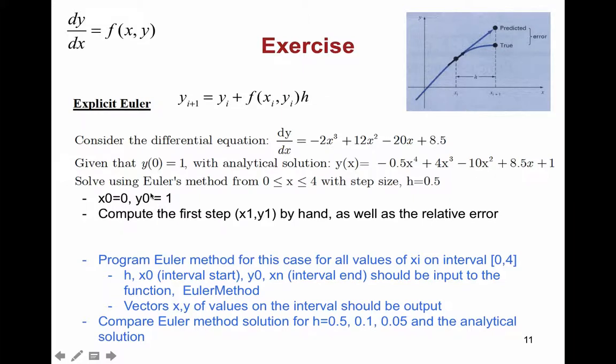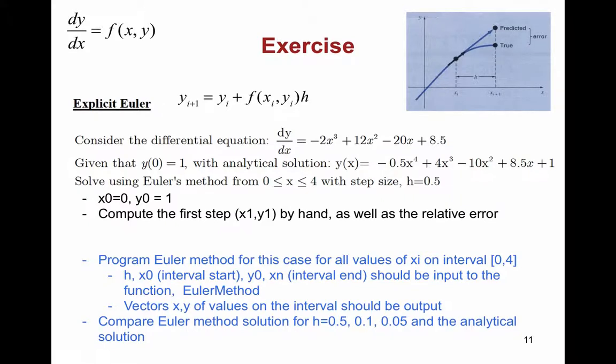So it has a y value of 1 for the corresponding x. And we computed last time the first step solution using this formula. So if I plug in x0 and y0 into this formula, I'm going to get my next y. Great. And I also have analytical solutions, so I can figure out what my relative error is with respect to the true solution.